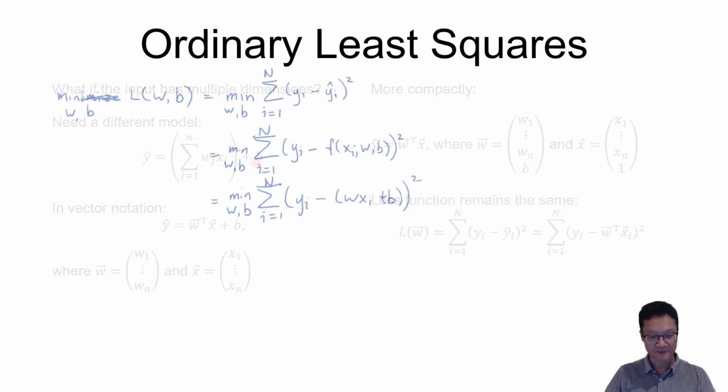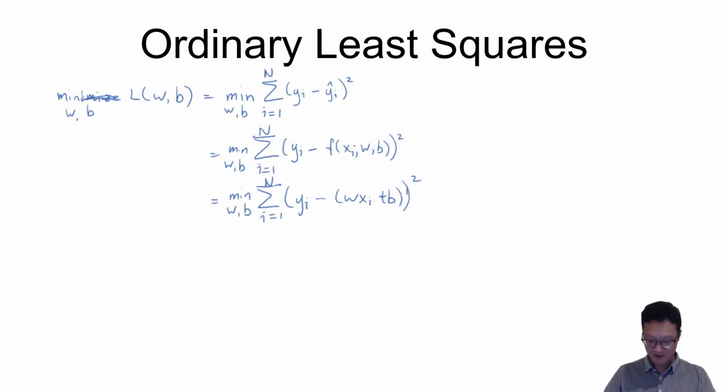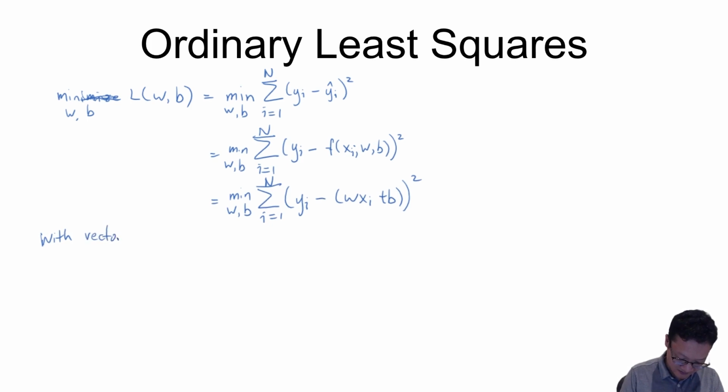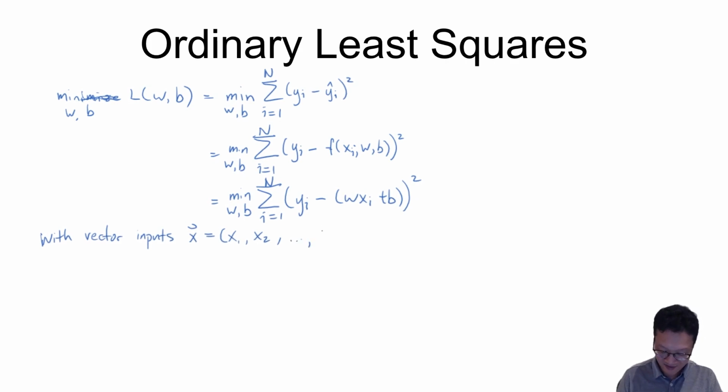Right, so if we come back here, with vector inputs, in general, we have a vector input. That just means that the input has many components. We can change our model slightly.